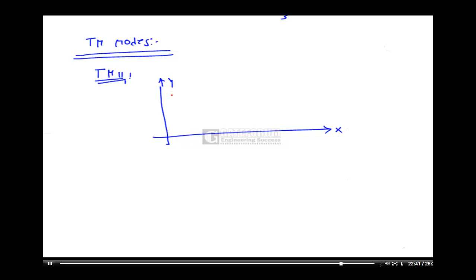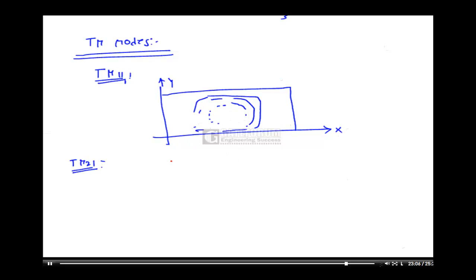That is the easy way to draw. So the view looks like this, only this circle along the x-axis and along the y-axis. So that is TM11.